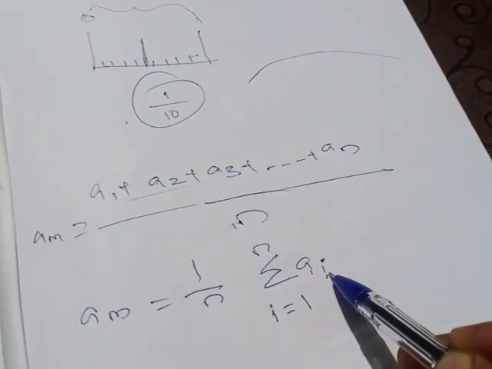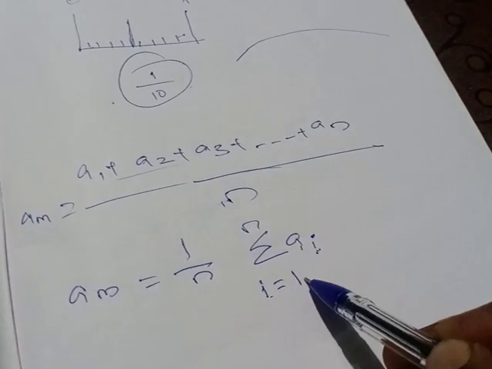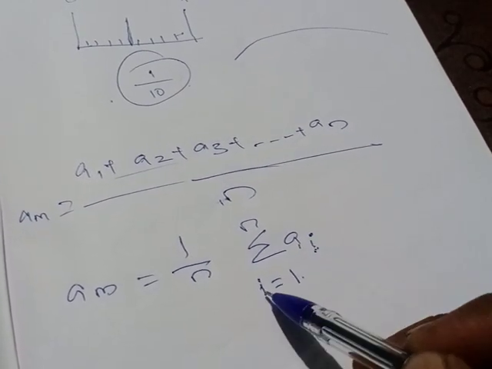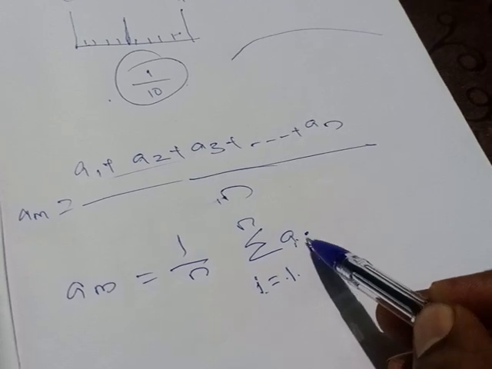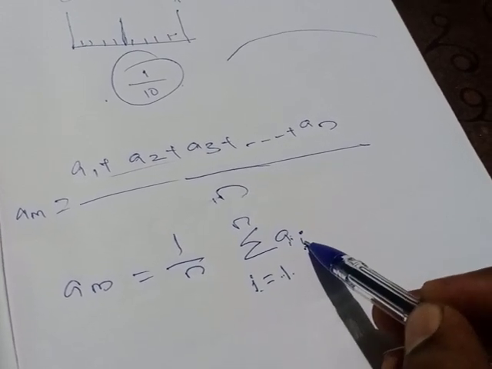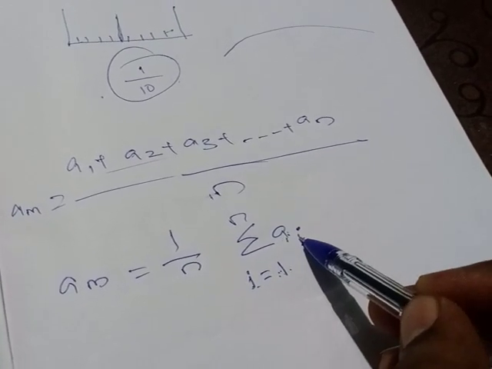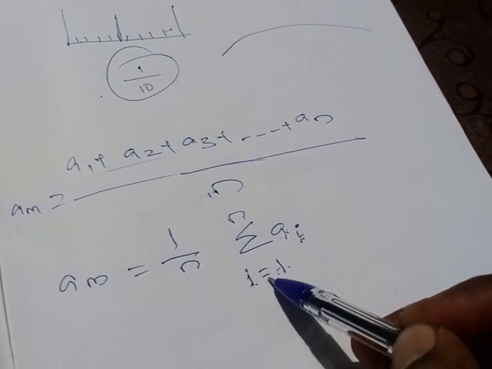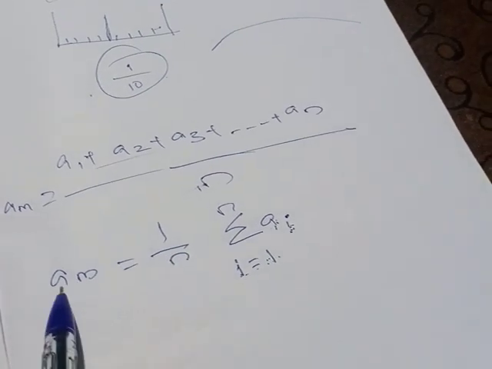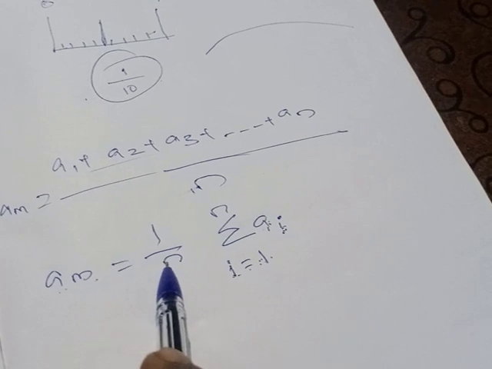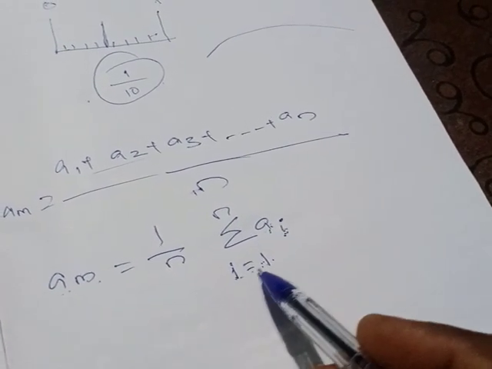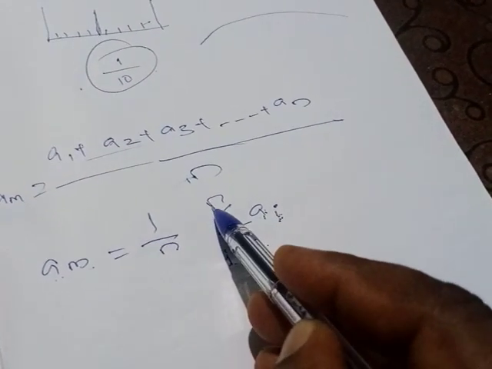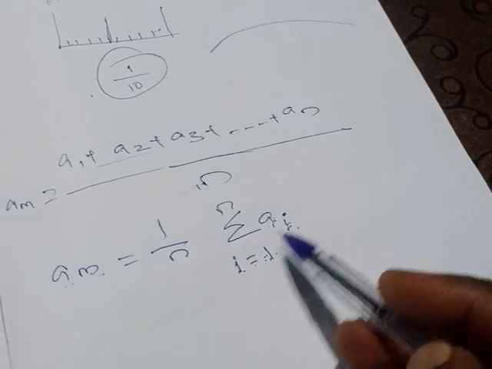So AI means, suppose I is equal to 1 means A1, I is equal to 2 means A2, I is equal to 3 means A3, I is equal to n means AN. So you can read it as AM is equal to 1 divided by n, summation of I is equal to 1 to n of AI. So this is the formula you can use.